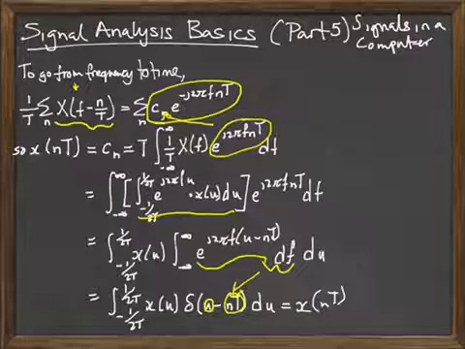So if we want to find a signal in time, we take a signal, we multiply it with an impulse train. We take the forward Fourier transform of that, and then we get the answer to that in frequency, sorry.